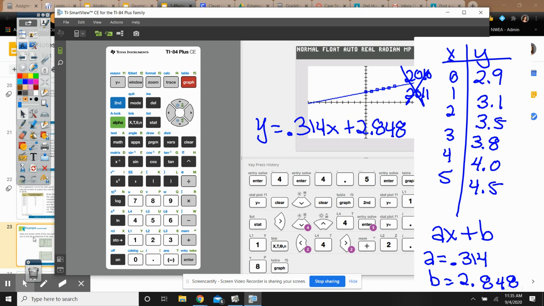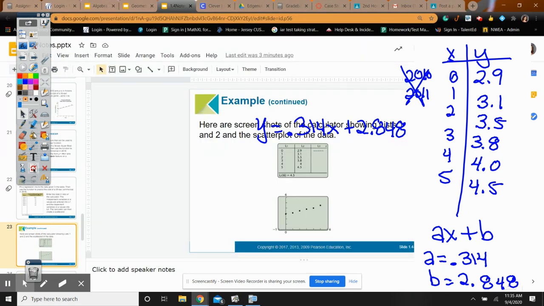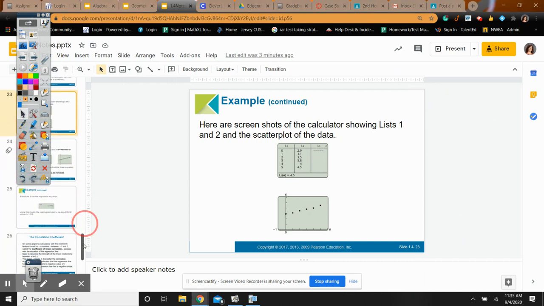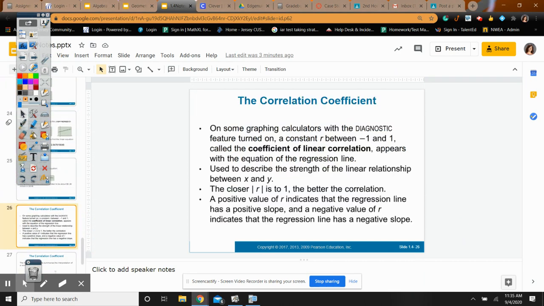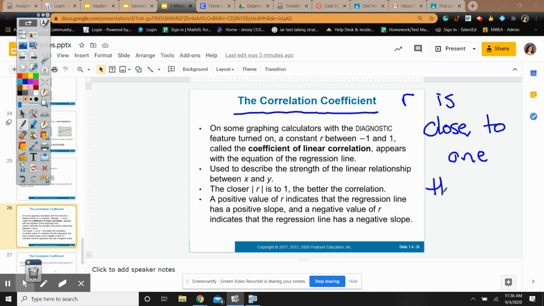Now, there's a second part of this, and it's called the correlation coefficient. The correlation coefficient is called R. If R is close to 1, then the line is good. It could also be close to -1.